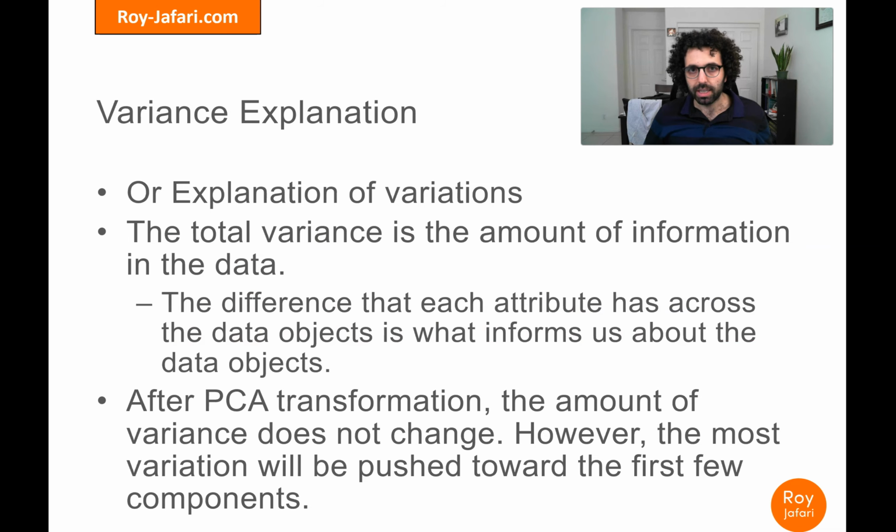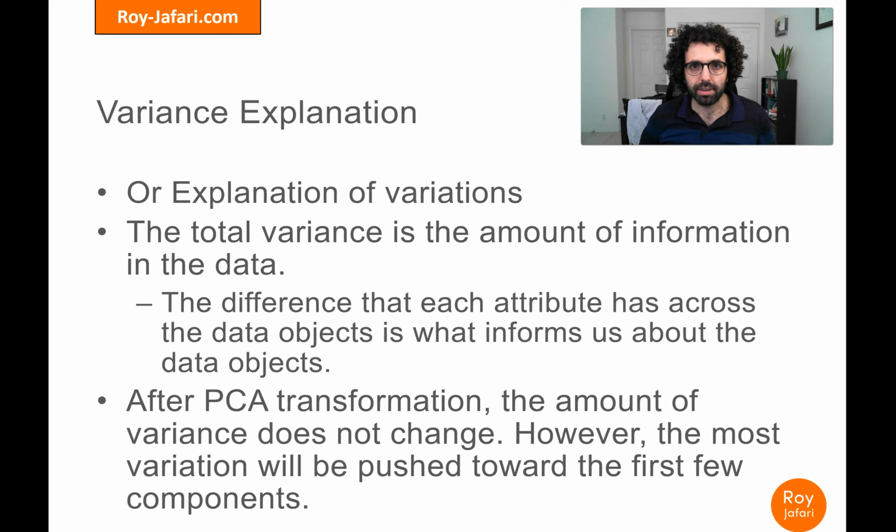There is a concept of variance explanation, or explanation of variations. By that we mean that every data set has a total amount of variation that these attributes are showing in the data.